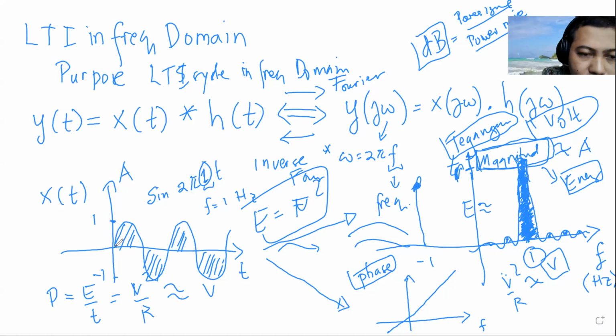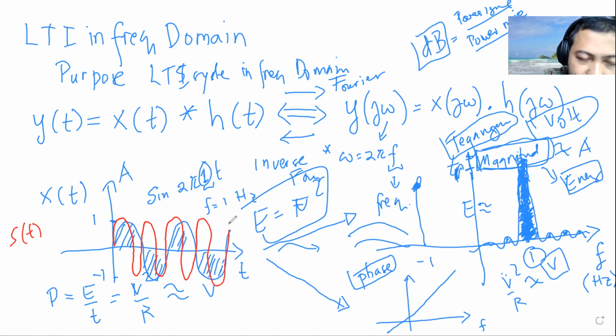For example, if we have another signal, let's say this is xt and this is st. St is still a sinusoid signal, but the frequency is higher, I mean double that of xt, with the same amplitude, let's say 1. The frequency is 2.